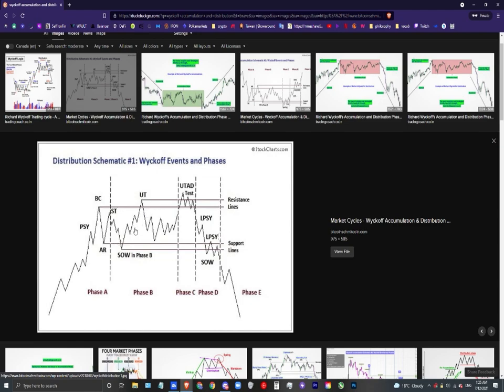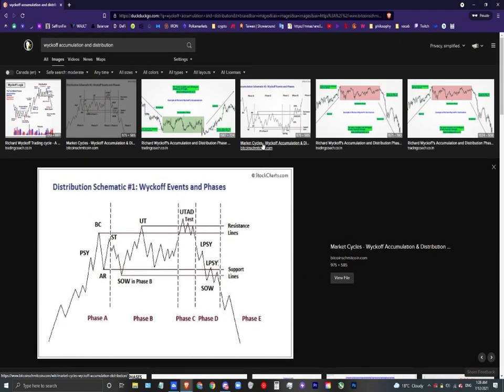So what they're going to do is just take the price up and trigger those stop limit orders of people who want to trade the breakout, and also some stop losses of people who shorted here, and they're going to collect those orders and use those orders to pretty much help them get a better price and help them use that liquidity to short back down. And then eventually there's not going to be any retail or anything left, and they're pretty much just going to short this and price is going to reverse.